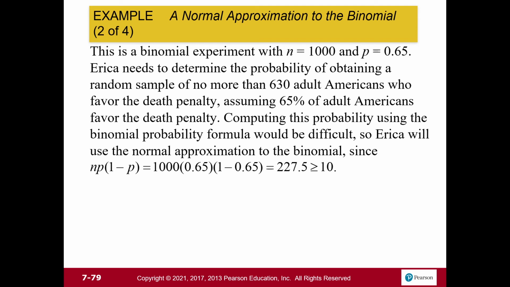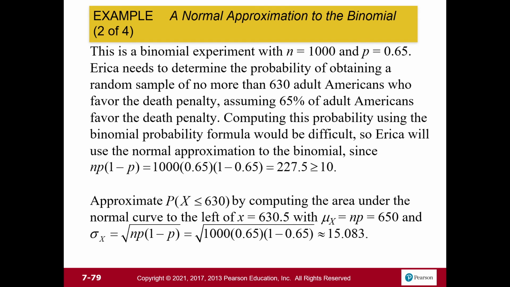Alright, so we're dealing with a binomial experiment, and we check that n times p times q, which is 1 minus p, is greater than 10. And now what we're going to do is find the probability x is less than or equal to 630. We need the mean and deviation.